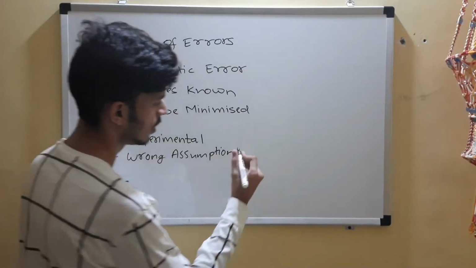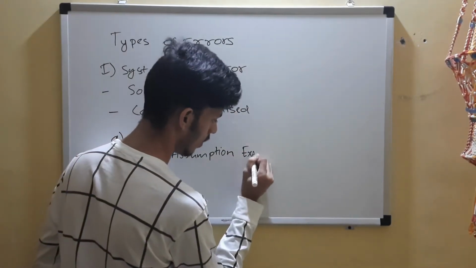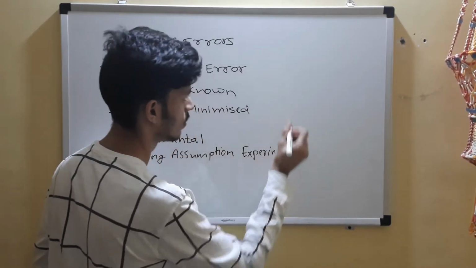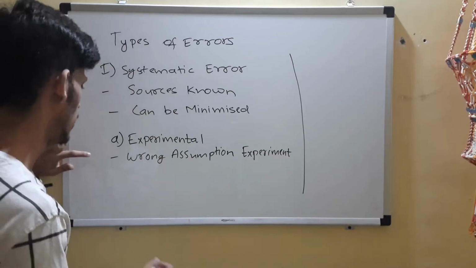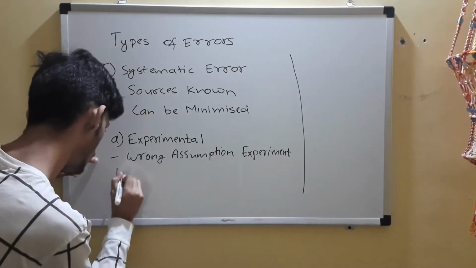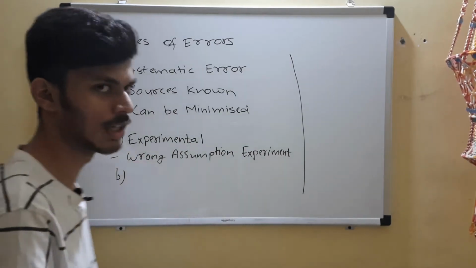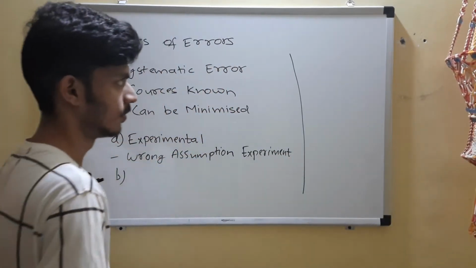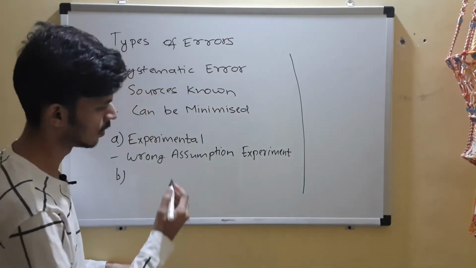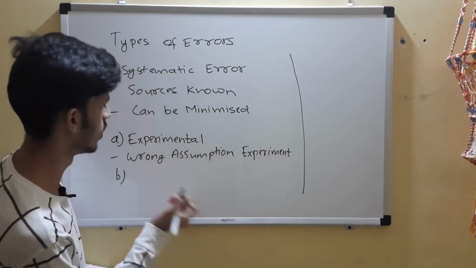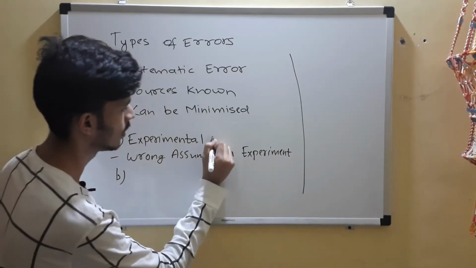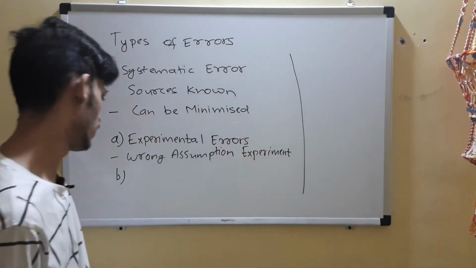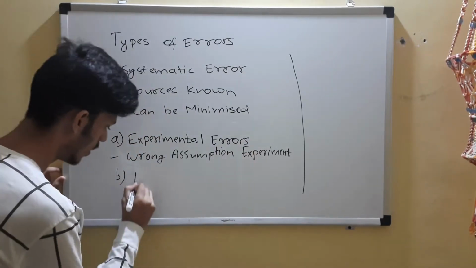So wrong assumptions in experiment may lead to error. And how can you minimize that? You don't make any wrong assumption. You account for friction, you account for air resistance, whatever the assumption may be, you account for it. Those are experimental errors, of course.